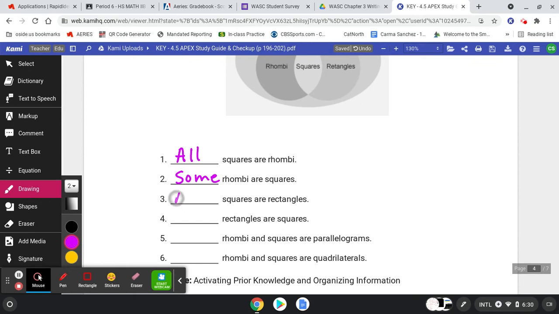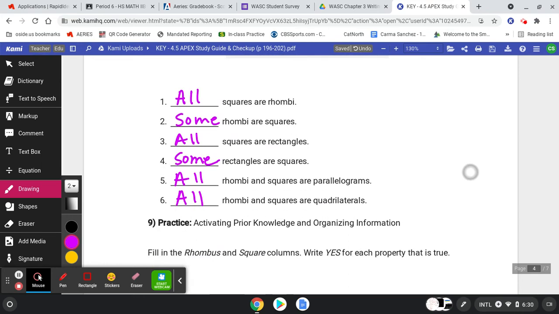All squares are rectangles, but only some rectangles are squares. All rhombi and squares are parallelograms, and then all rhombi and squares are quads.